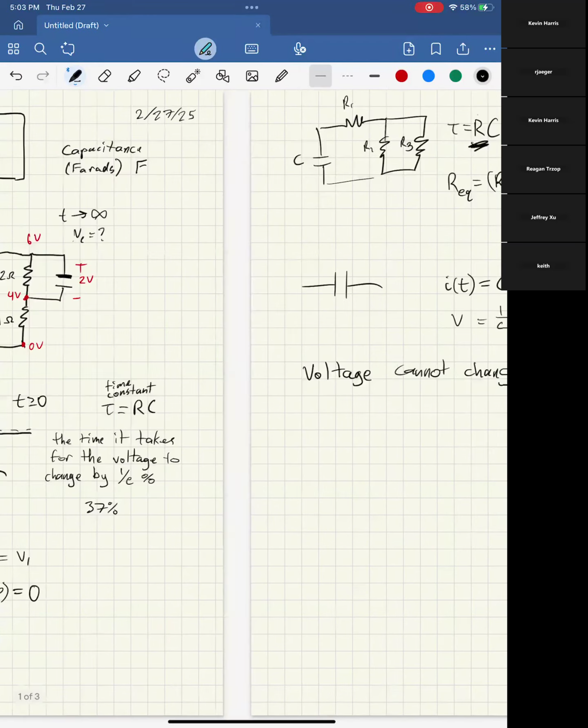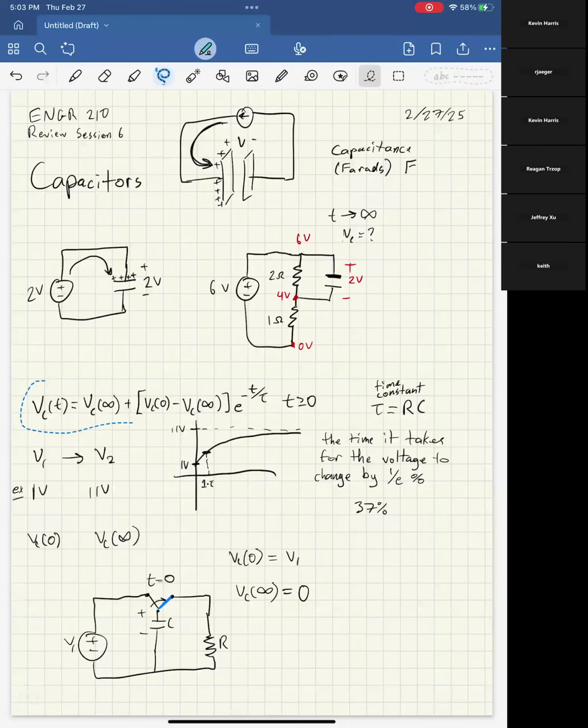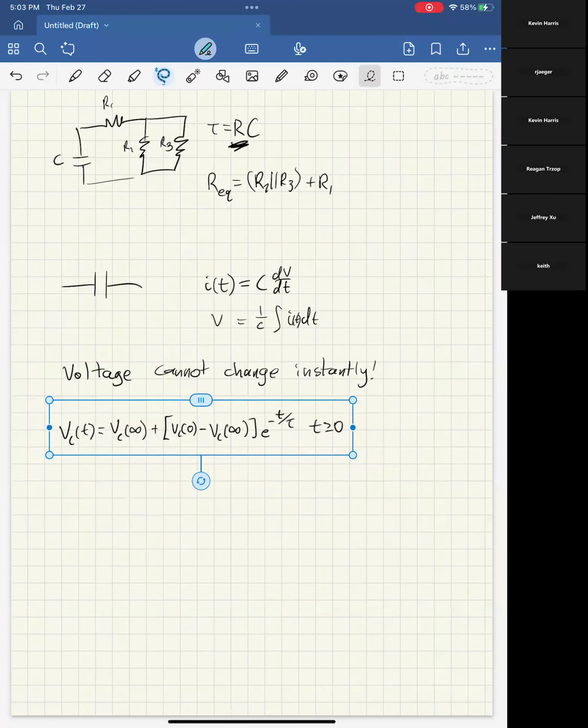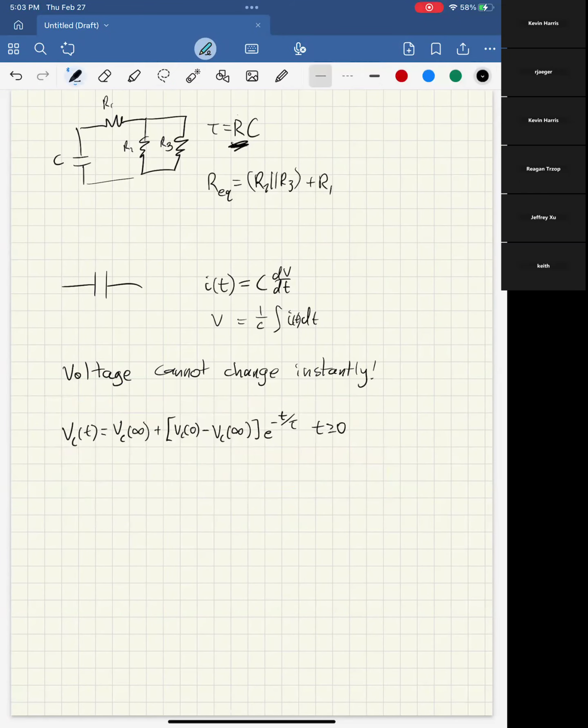And that's the point of this equation we have here, and I'll copy this over to the next page. The simplified version of this equation, which I think you learned first, is basically, when V_C(infinity) equals zero, V_C(t) equals V_C(0) e to the negative t over tau for time greater than or equal to zero.